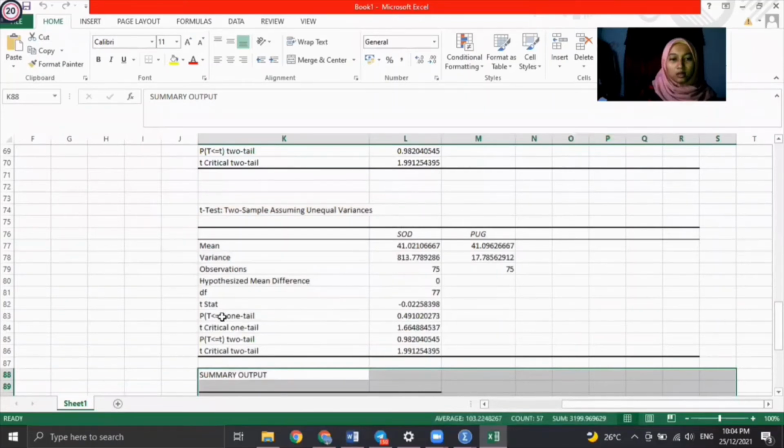As we can see here, the t stat value is negative 0.02258, and the p value one-tail is 0.4910, and the t critical one-tail is 1.664. P two-tail is 0.9820, and the t critical two-tail is 1.991.